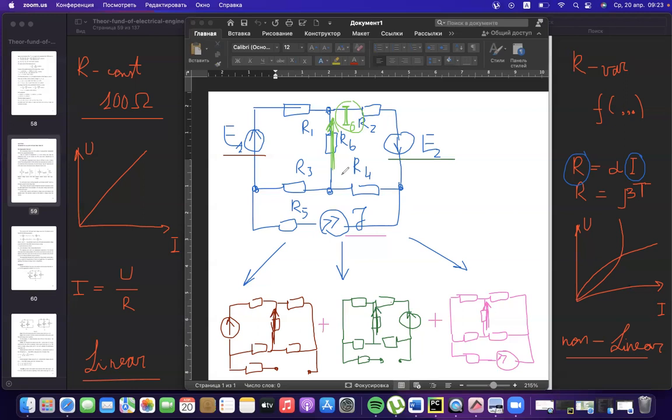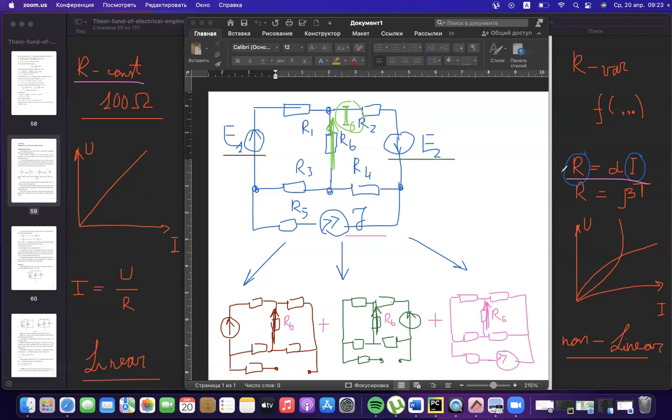Okay. And then returning to the question of why the superposition theorem doesn't work if you have a nonlinear circle: because of functional dependence. If you have a linear case, you are substituting the same resistor in each partial circle.